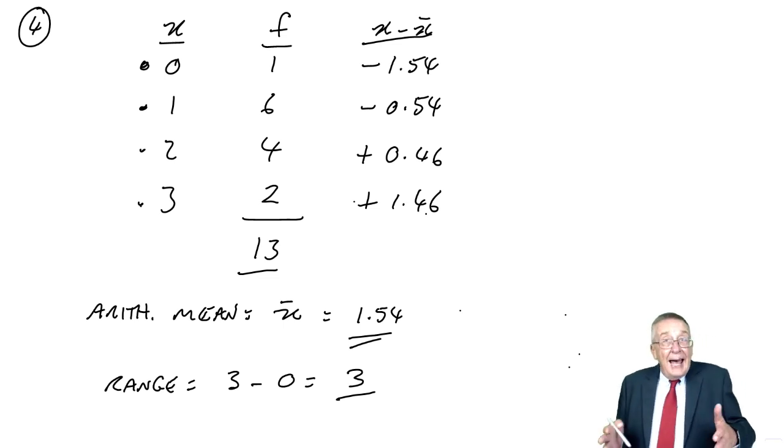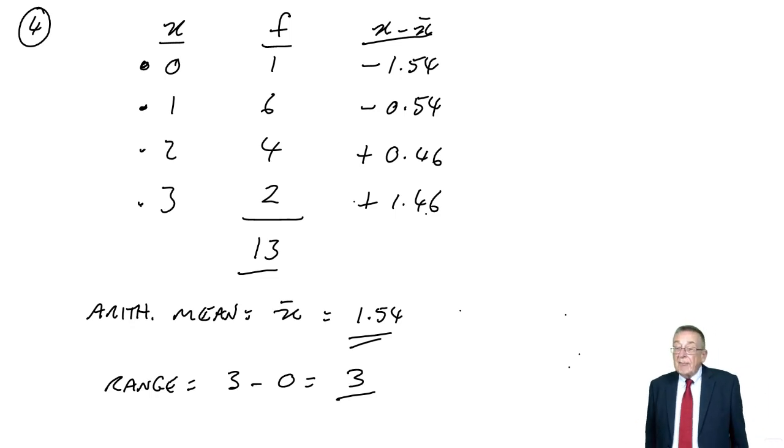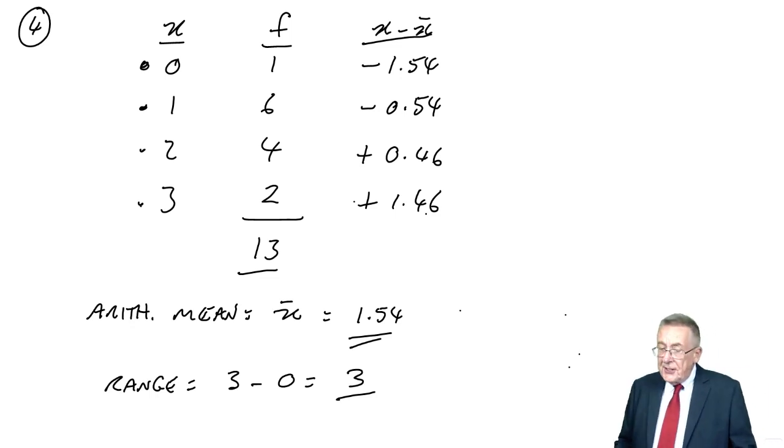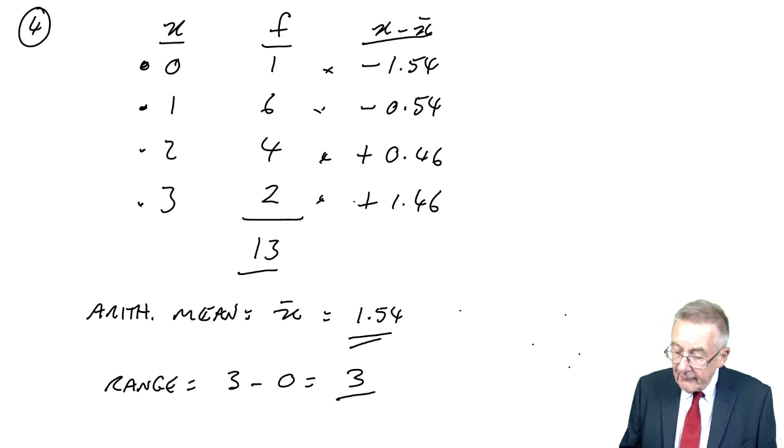I want to know the average difference from the mean. We could take the average as they stand and say, 1 is that much away, 6 is that much away, and so on.